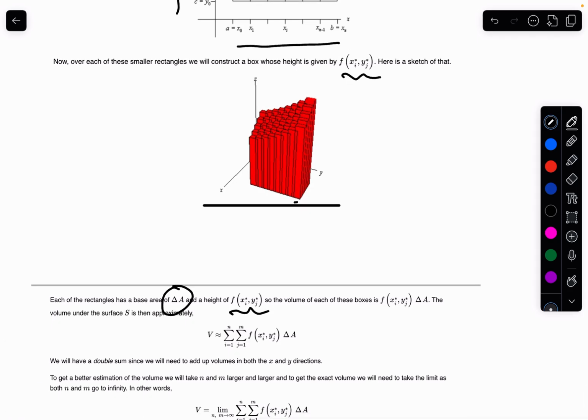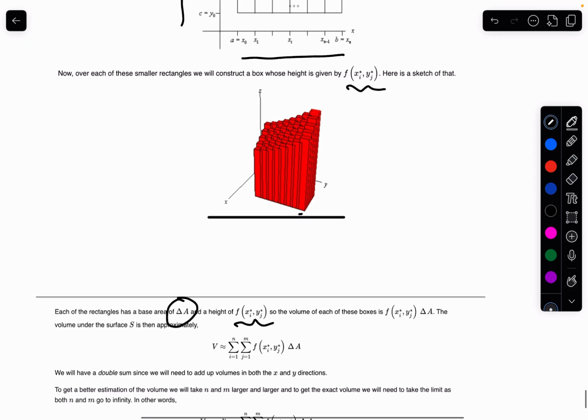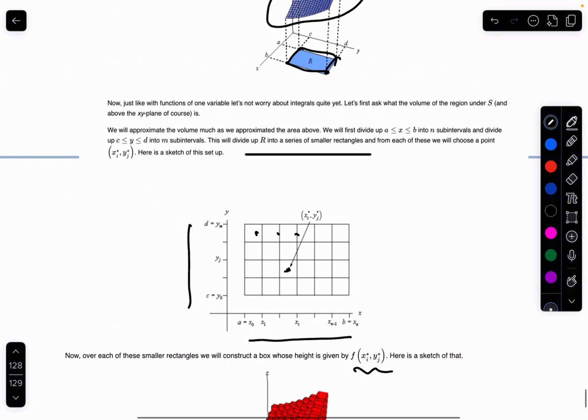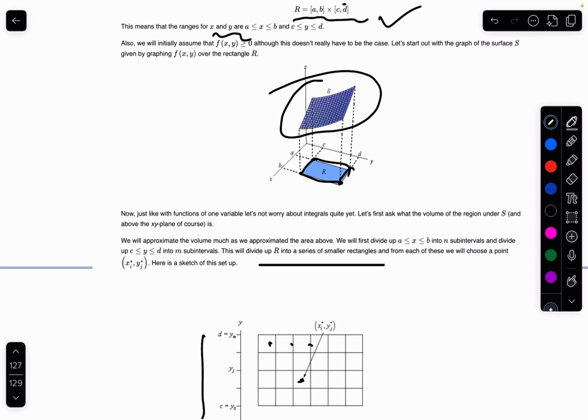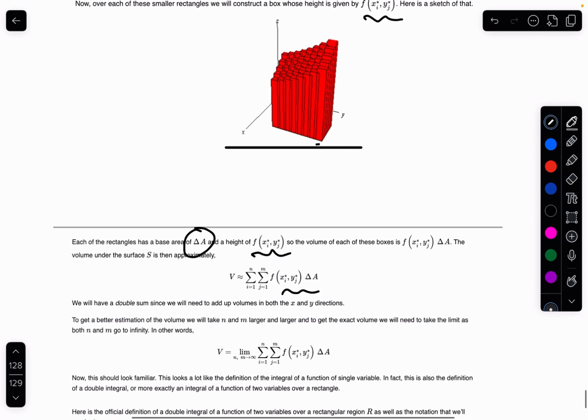And so here we have two sums, summation i equal to 1 to n and j equal to 1 to n, because we have a b cross c d here. So that gives us the volume under that surface. So we approximate the volume of that surface like this.